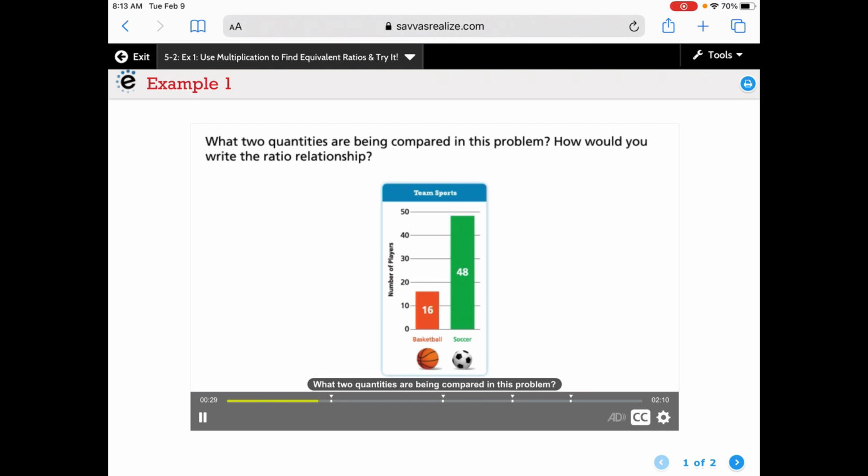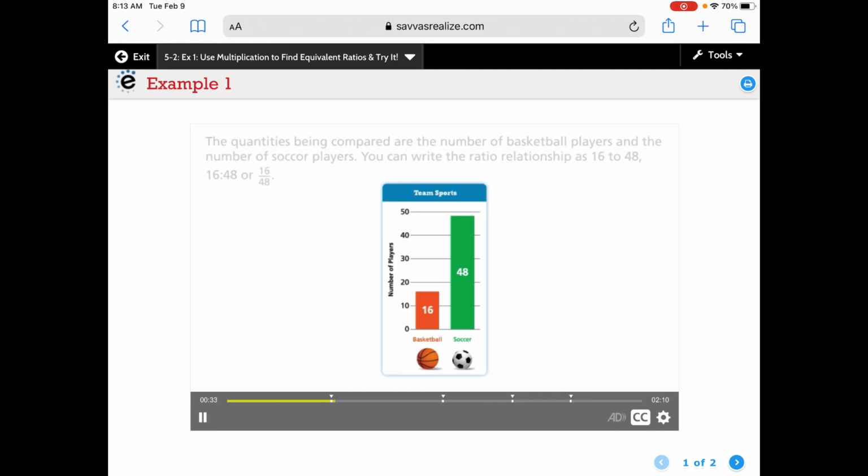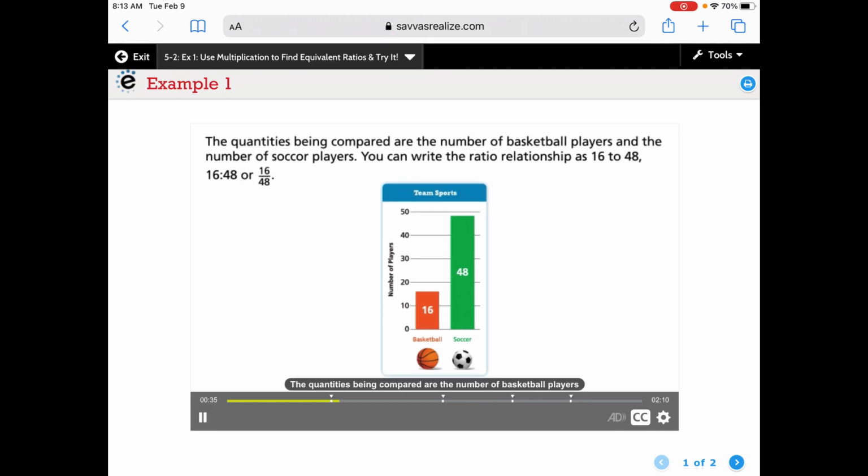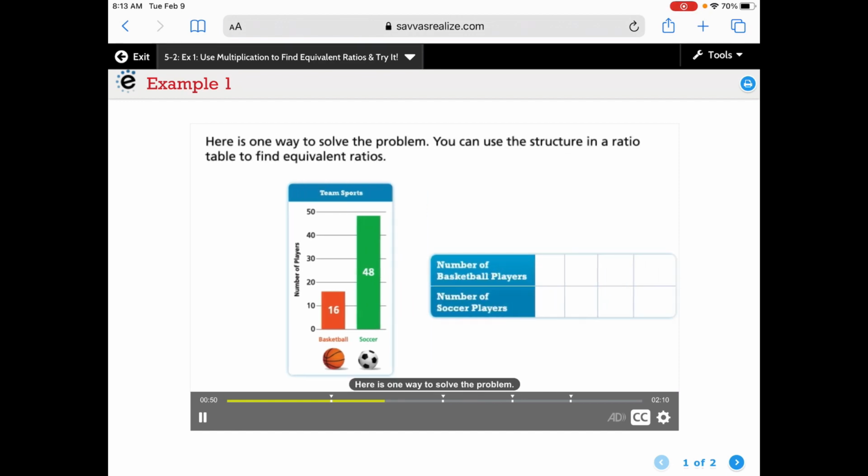The two quantities being compared, and how would you write the ratio relationship? The quantities being compared are the number of basketball players to the number of soccer players, which is 16 to 48. As we can see here, written 2 different ways. I would probably do the fraction version. You'll see why in a minute.